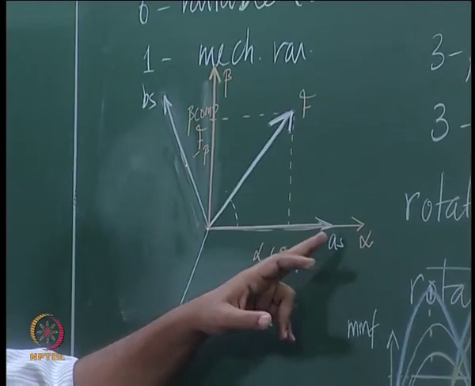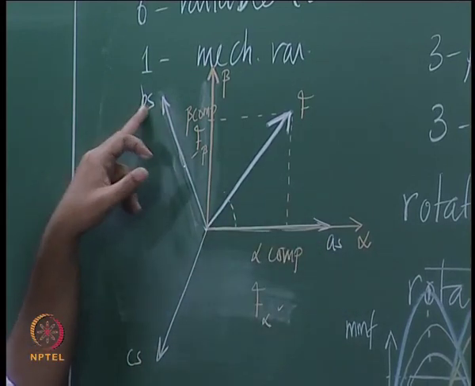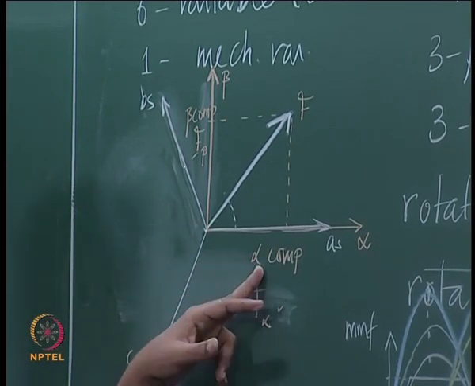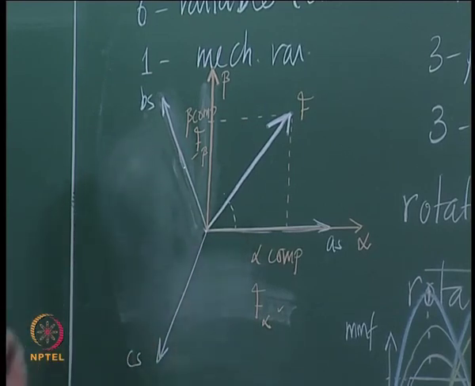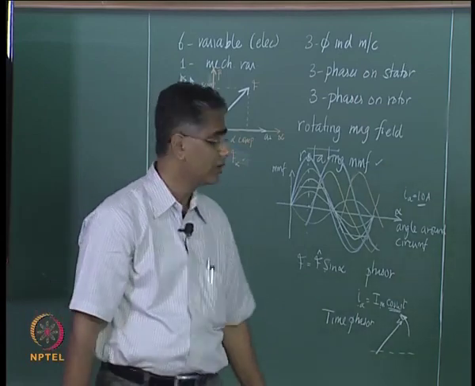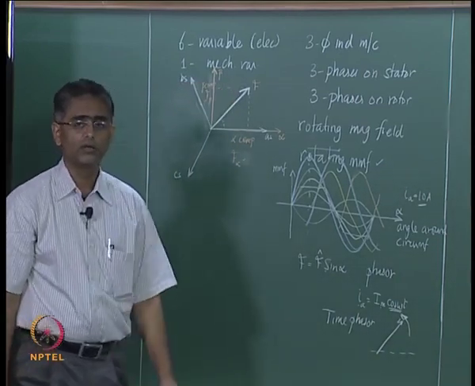So, instead of having to know a component, b component and c component, we are now reducing it to two components alone, an alpha component and a beta component. So, these two components appear to be sufficient to describe the resultant MMF phasor f.